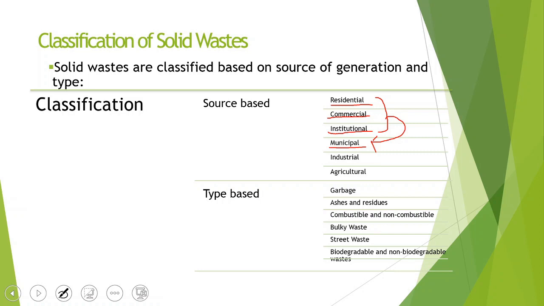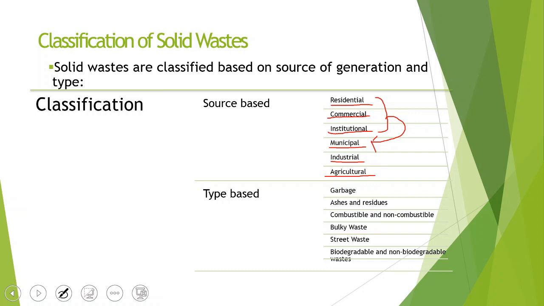Fifth is industrial waste. This mainly consists of process waste, ashes, demolition and construction waste, hazardous waste, etc. due to industrial activities. Last in the section is agriculture. This mainly consists of spoiled food grains and vegetables, agricultural remains, litter, etc. generated from fields, orchards, vineyards, farms, etc.